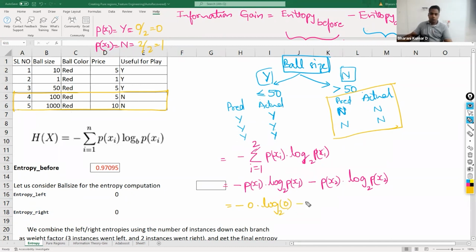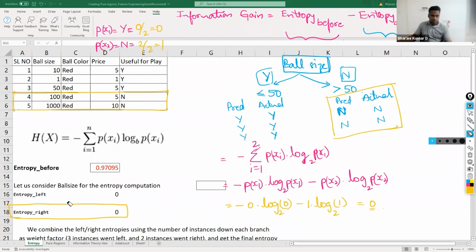What is P of x2? 1. 1 into log of 1 base 2. 0 into anything is 0. Minus 1 into log 1 is 0. 1 minus 1 into 0 will be 0. 0 minus 0 will be 0. So we are also getting entropy towards the right side as 0. So entropy towards the right side is also 0.